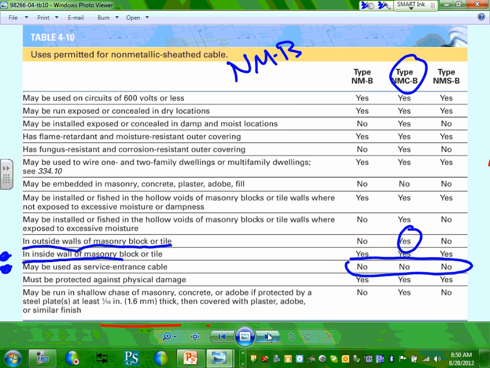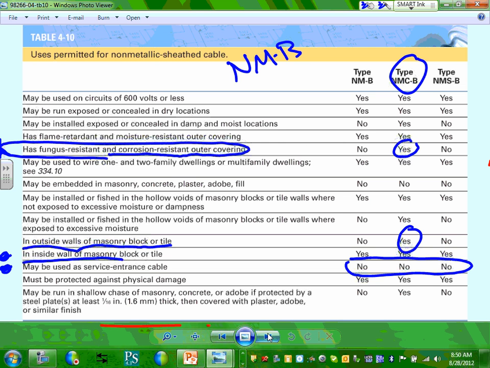This one has signal wire in it, that's for signal. So this kind of summarizes where you can use them. Here's my favorite one right in here. Has a fungus-resistant and corrosion-resistant outer covering, right? Which one of them has that? That guy, right? See the difference? That's the only difference between type NMC and type NM, basically. Make sense?